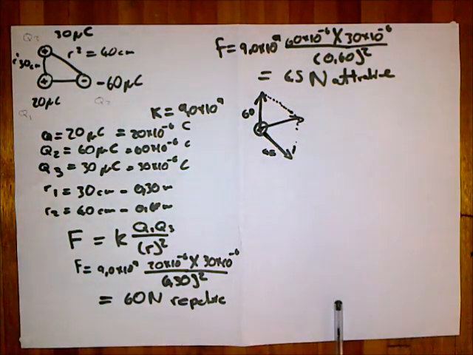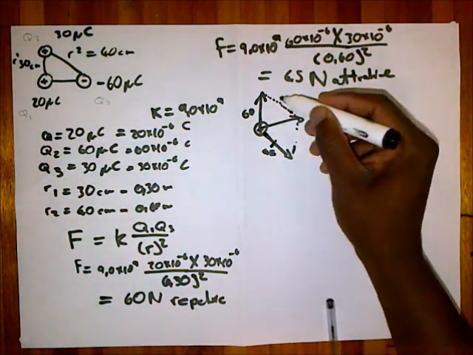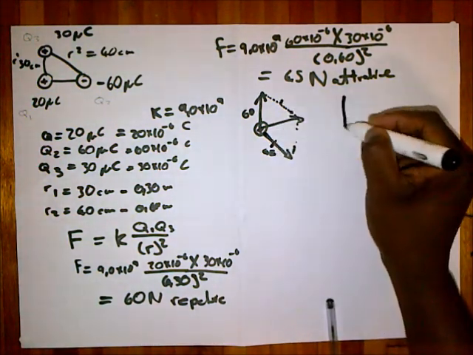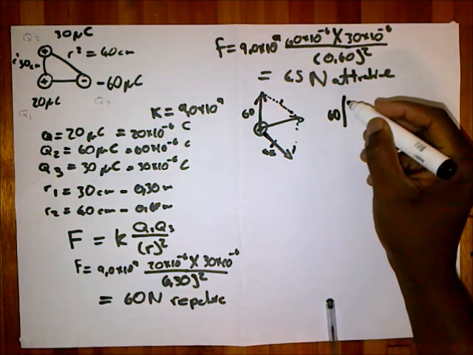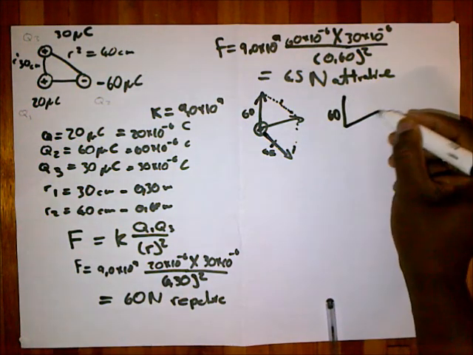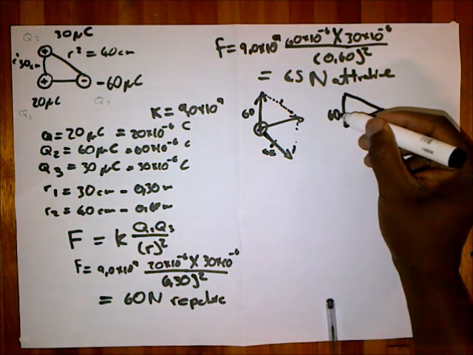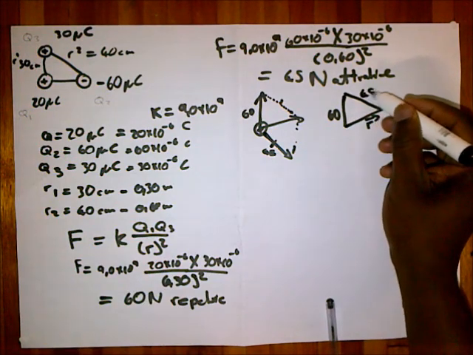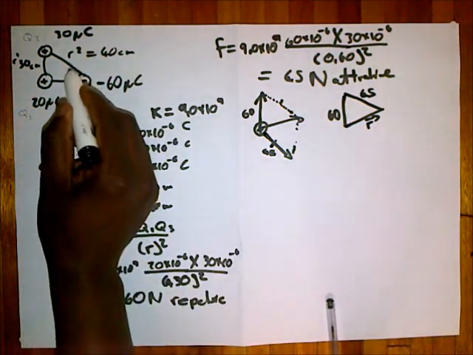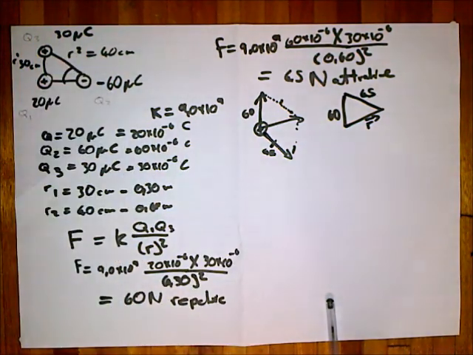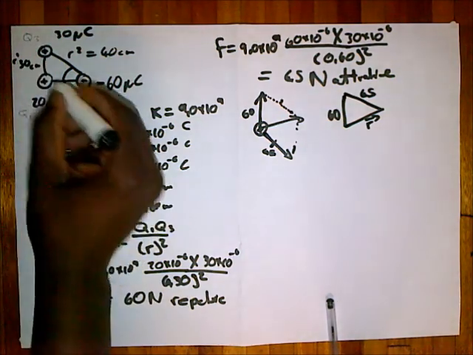To calculate the resultant force, this side is 60 newtons and there's our resultant force, and this is 45. And remember, we're given this angle that this is 40 degrees.